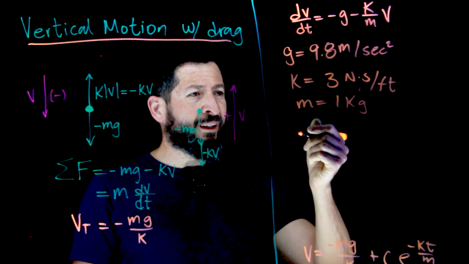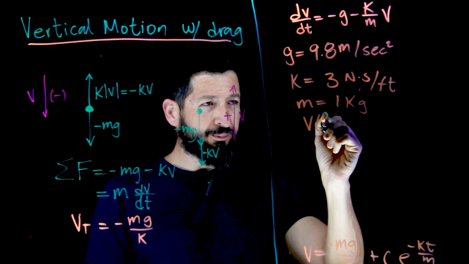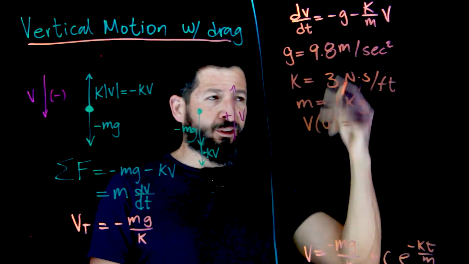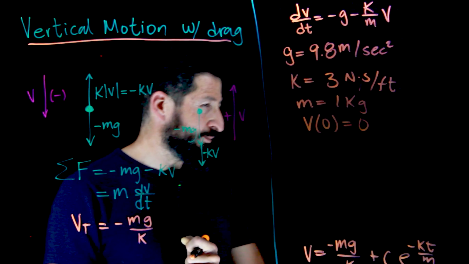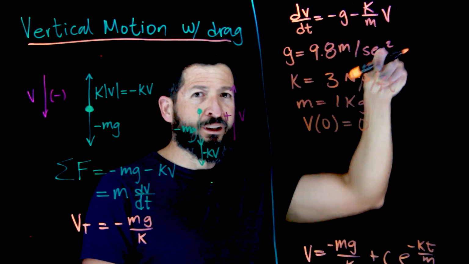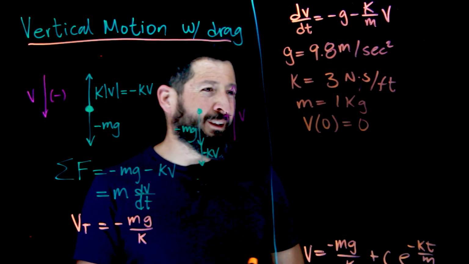And now I'm going to say that the object is going to be dropped from a certain height at an initial velocity of 0. So we're just going to drop the mic. And a 1 kilogram mic, that'd be pretty heavy.